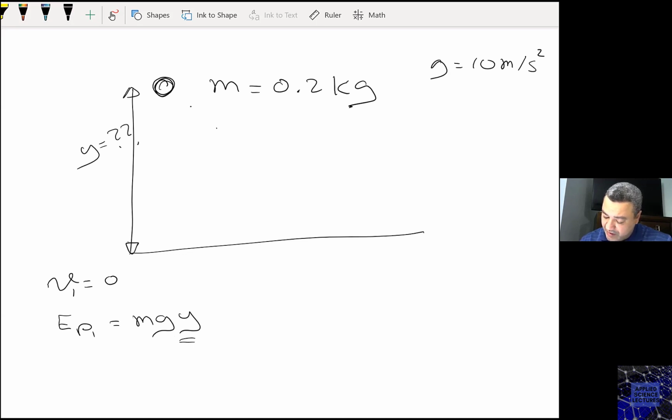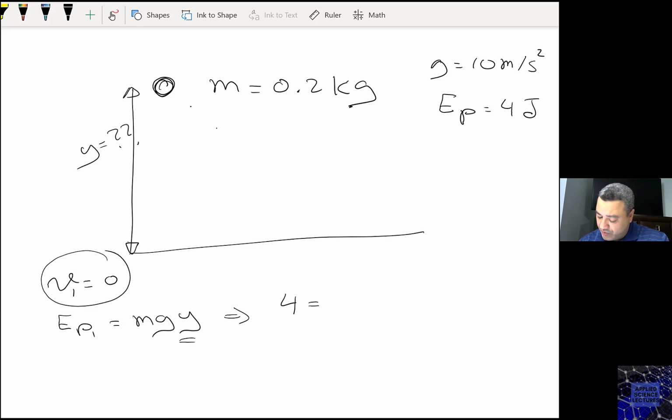And we know that the gravitational potential energy EP is 4 joules. We will see how this is going to contribute later on when we do the conservation of energy. But right now, I have the gravitational potential energy as 4 joules, the mass as 0.2, and the acceleration as 10. I need to calculate y.